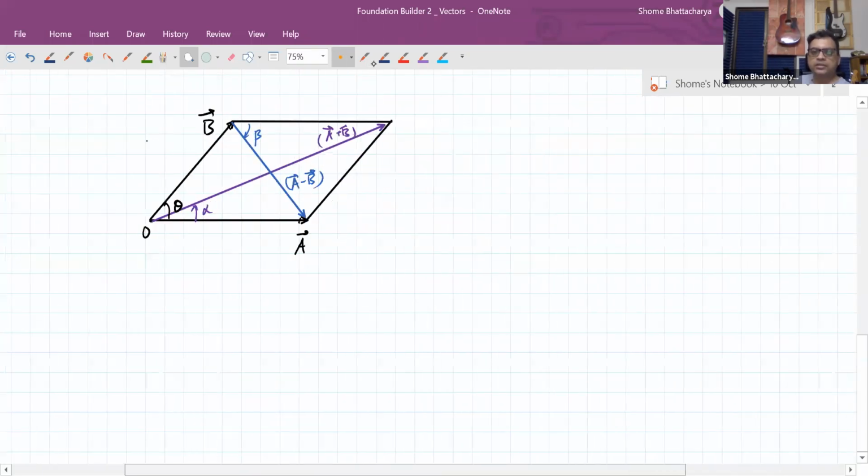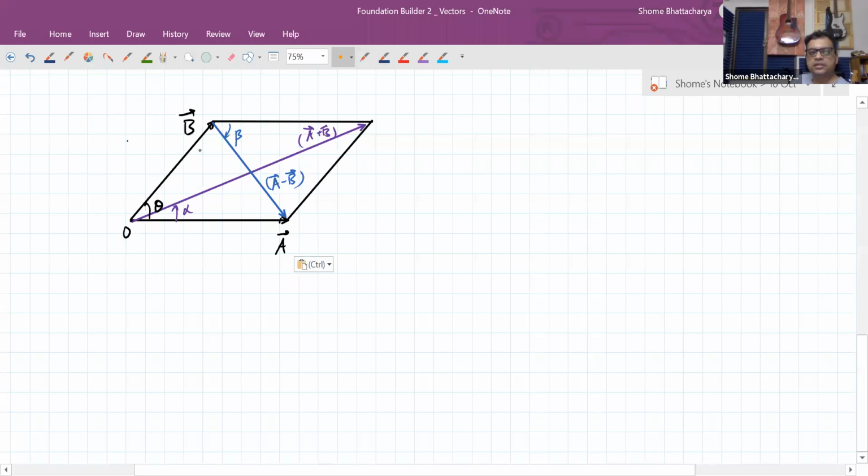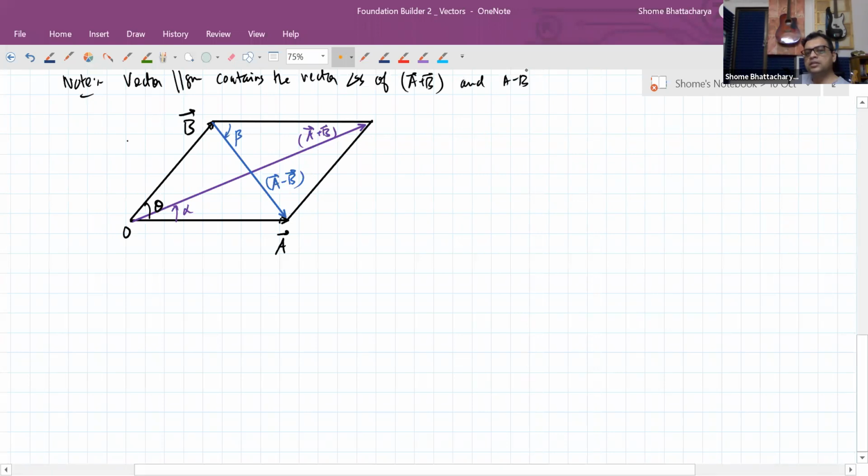Okay. So next thing we'll understand here is this, that the vector parallelogram contains the vector triangles of the sum and the difference. Now let's understand how.